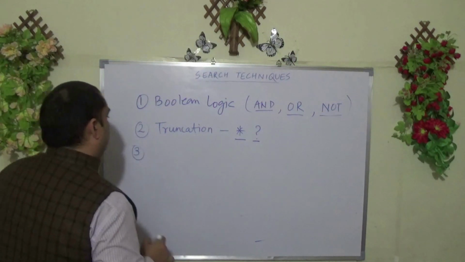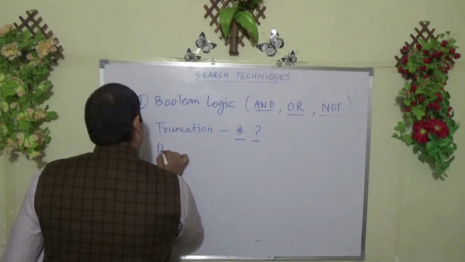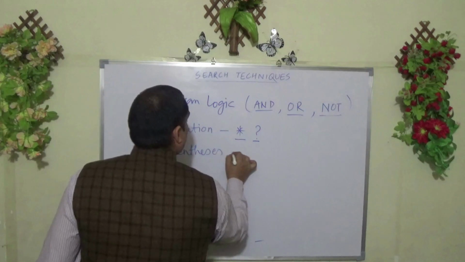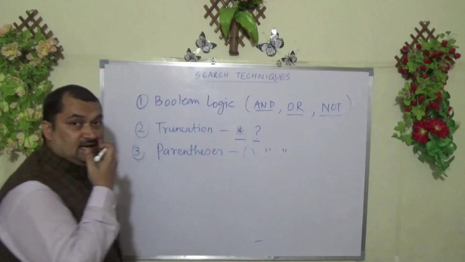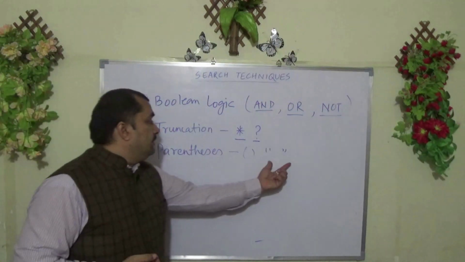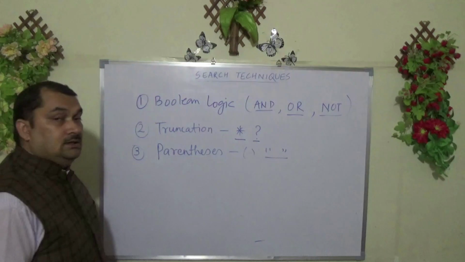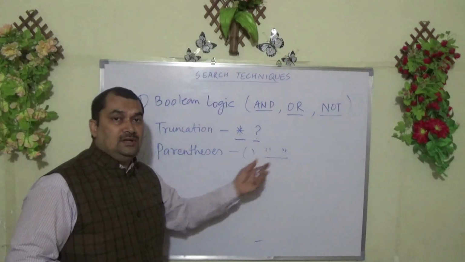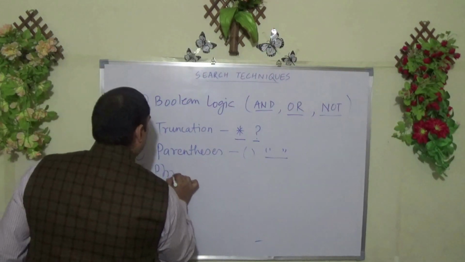The third one is parenthesis, inverted commas and brackets. Inverted commas and brackets allow us to restrict the search. Whatever we give in inverted commas, it will give the information. We use phrase searching.